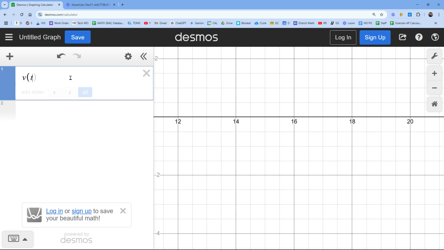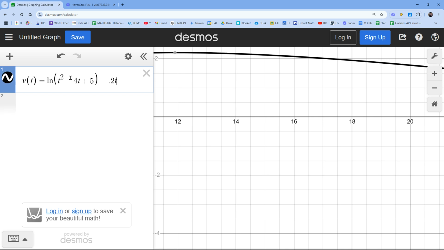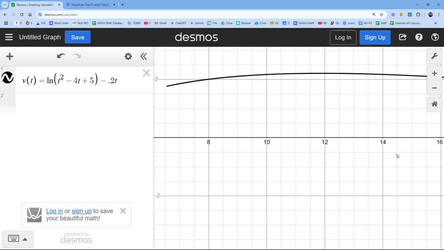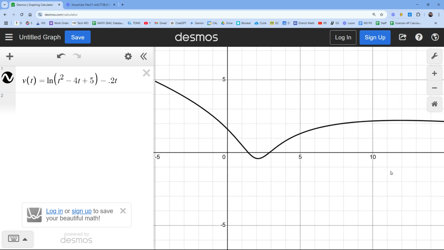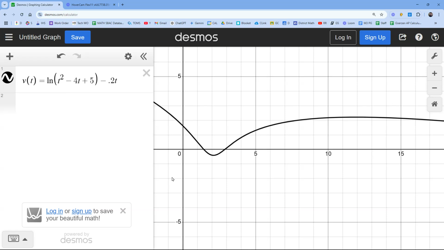So I'm going to type in v at t equals ln t squared subtract 4t plus 5, and then I have subtract 0.2t, and make sure that I typed it in correctly. I see the graph there. I'm not going to put a restriction on this yet until I need to. And now I'm going to start answering it.